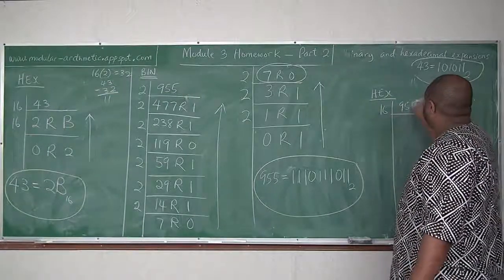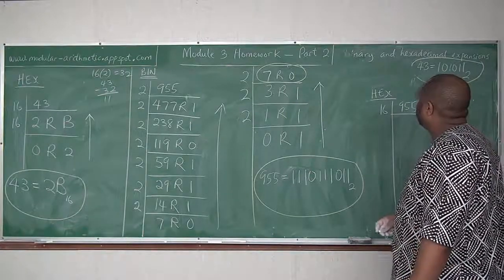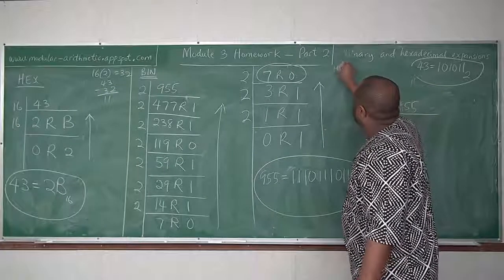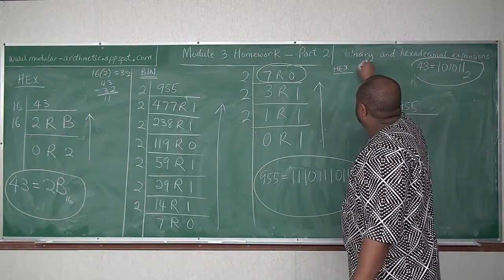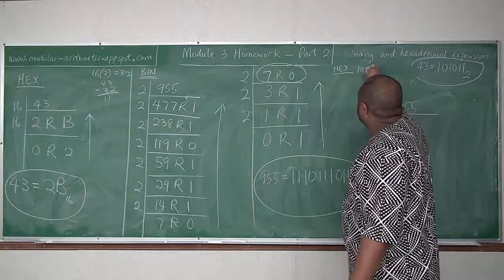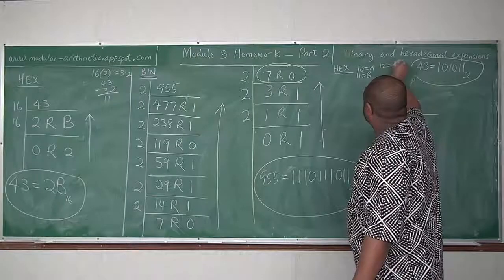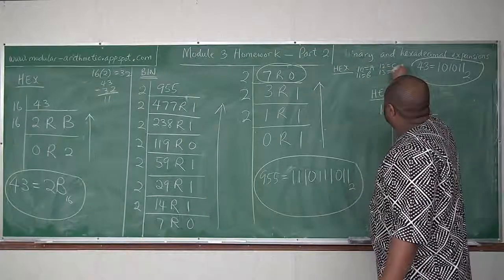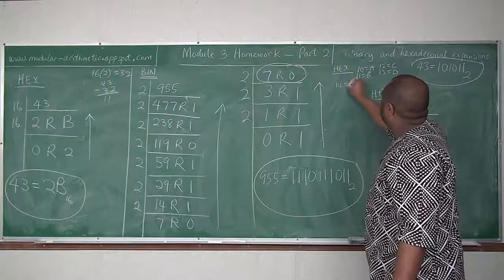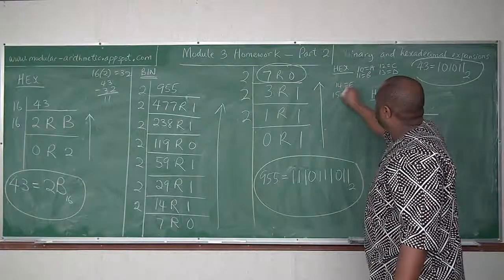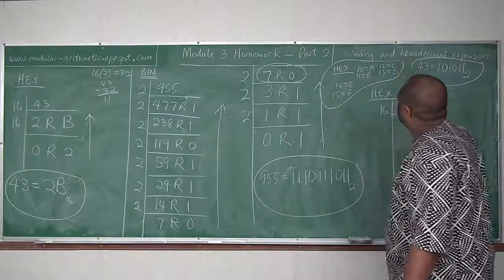Okay, remember that for hexadecimal, 10 is A, 11 is B, 12 is C, 13 is D, 14 is E, and 15 is F.